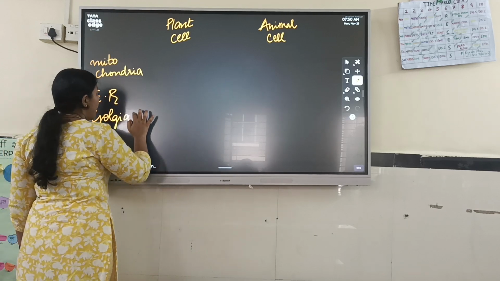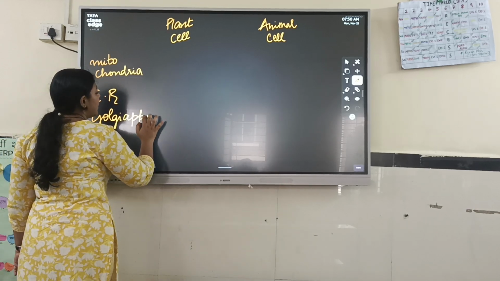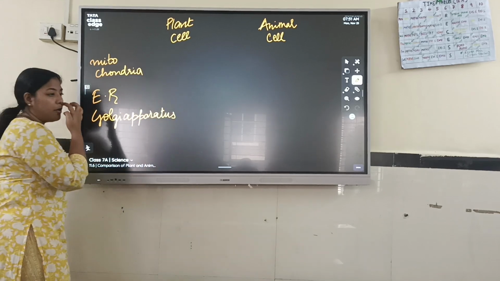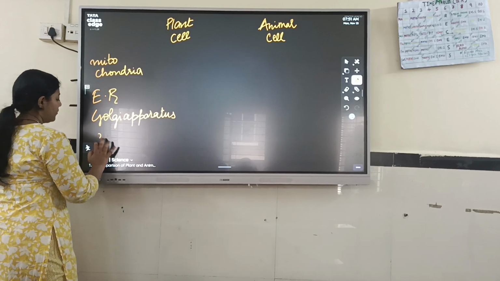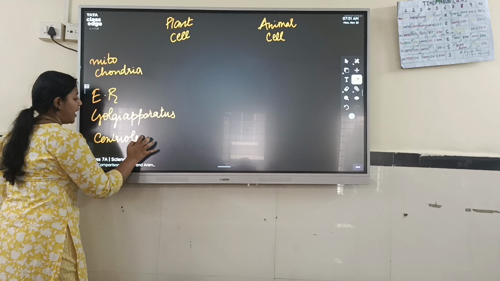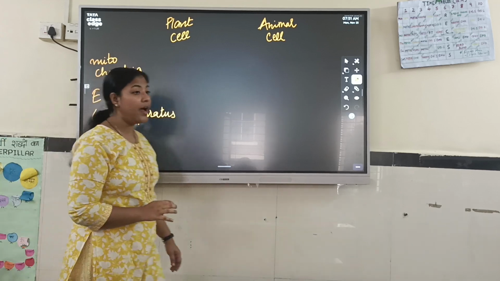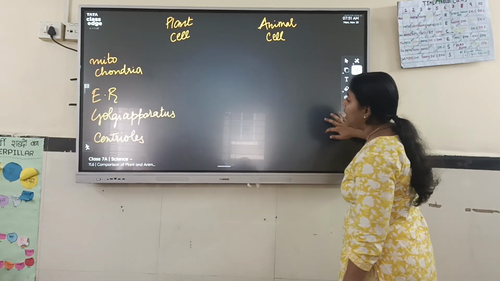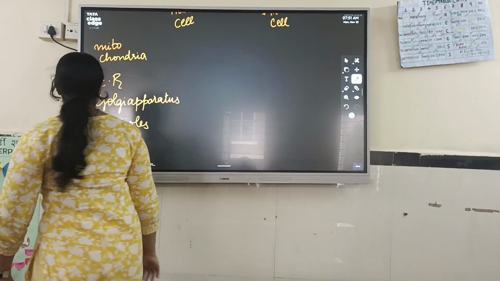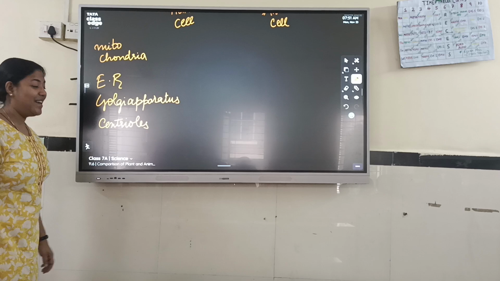Then centrioles. Where were centrioles present? In the animal cell. Very good. What was the function? Cell division. Then what else did we have? The last one, plastids. Was plastids present in the animal cell?